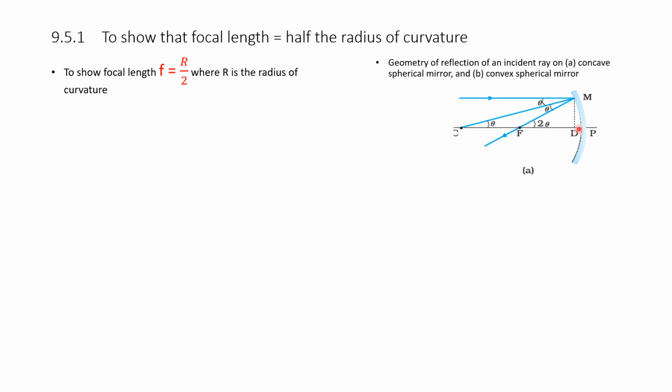Let us take a concave mirror here in A. A ray of light is incident here, gets reflected and meets at F. This arrow mark is for the incident ray and the reflected ray, and it meets at a point F, and it is reflected from the point M. C is the center of curvature.